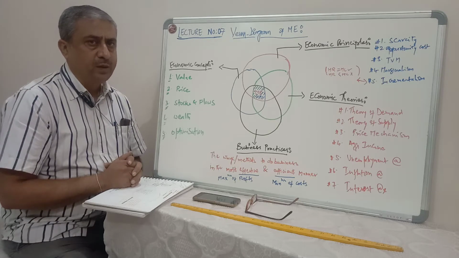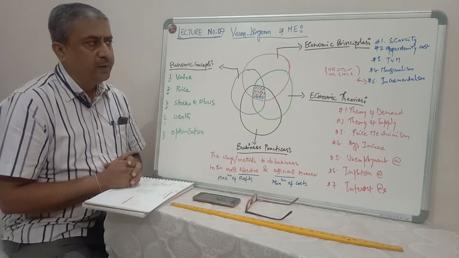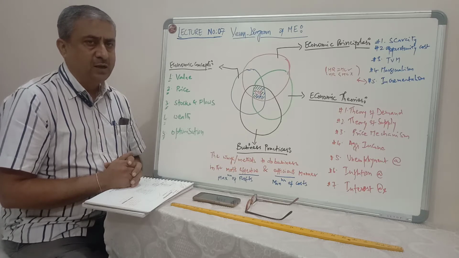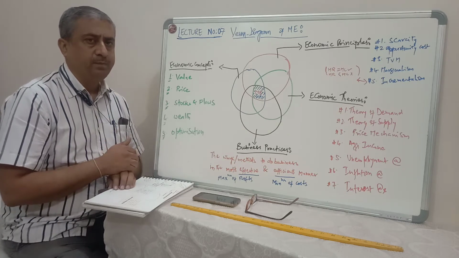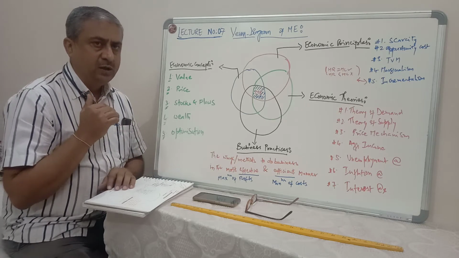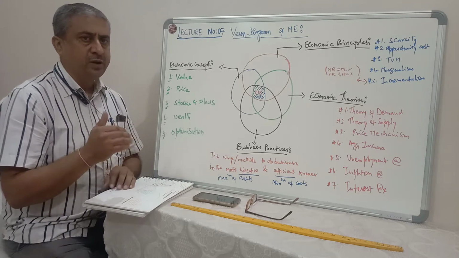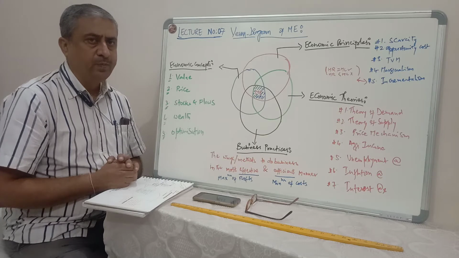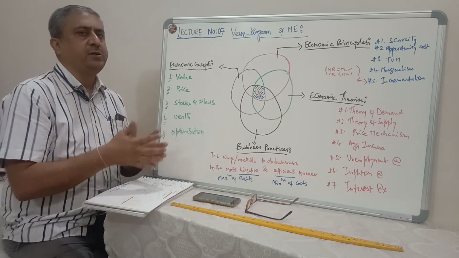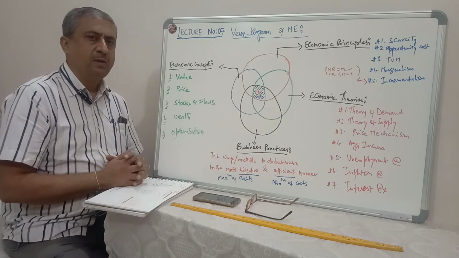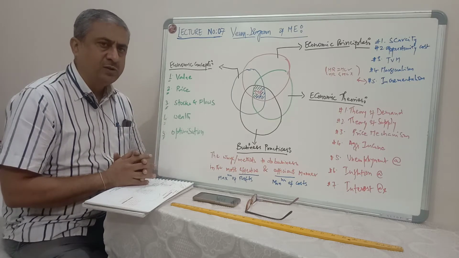Incrementalism. Now, what is incrementalism? Incrementalism states that for every additional input, you incur additional cost, which will give rise to marginal revenue. Say, for example, an assembly line manufactures 100 cars.